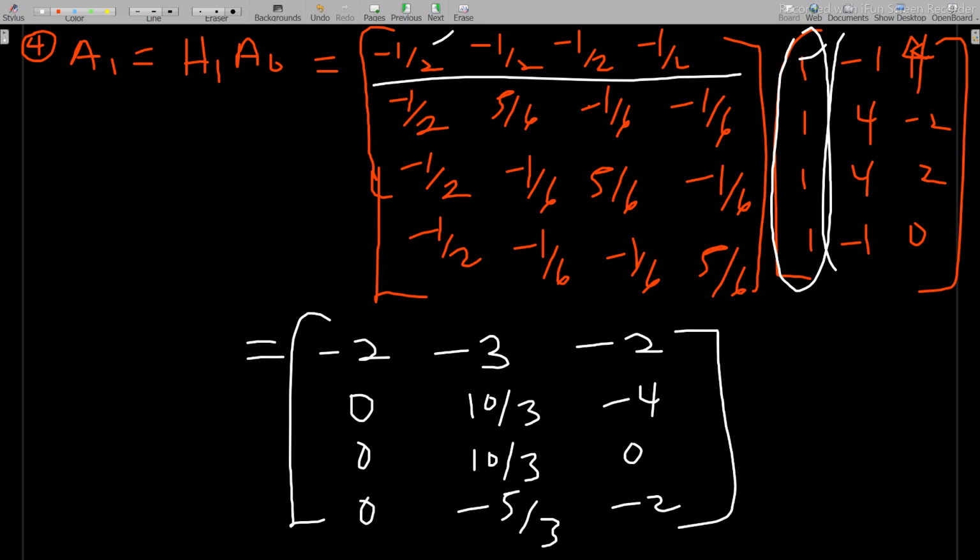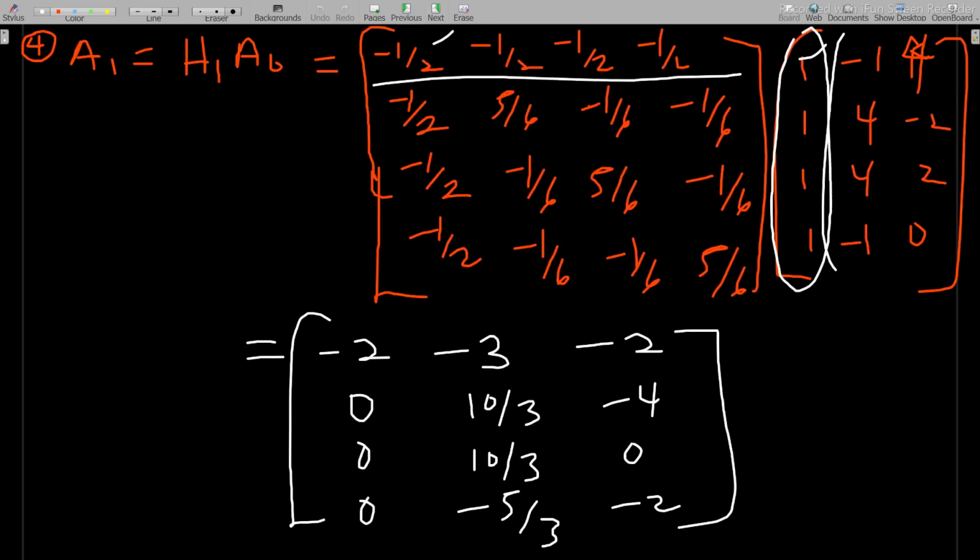So you go ahead and find our A2. This is the first transformation. You can see that after the first transformation, the entries below A11 are now 0, 0, 0. We want to reduce it so that we get an upper triangular matrix to become our R. We said that the last transformation will be our R. So let's move ahead and do this.